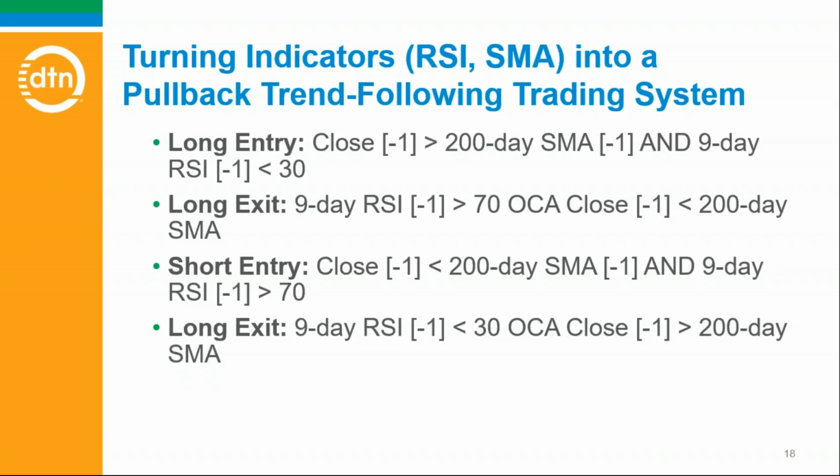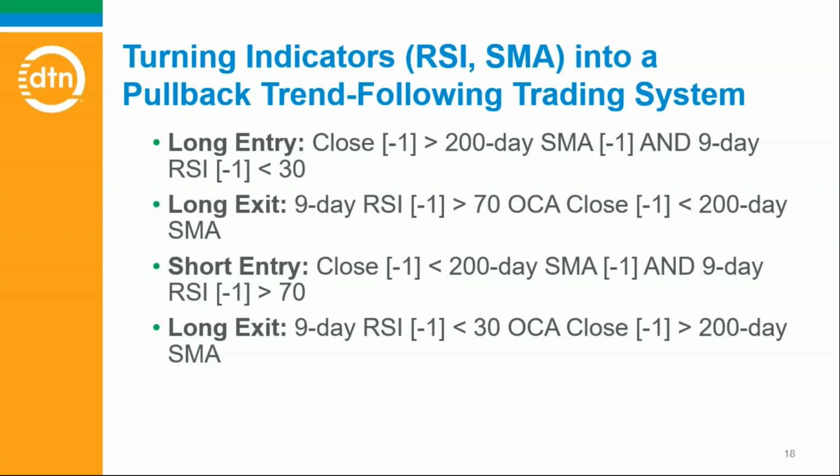So we're going to define long entry, entering a trade on the long side, as when yesterday's close is greater than yesterday's 200-day moving average, so that we are buying into a bull market as defined by the 200-day moving average. And second criteria, the 9-period RSI is oversold, meaning that we have a reading below 30.